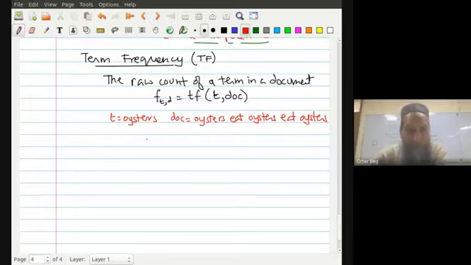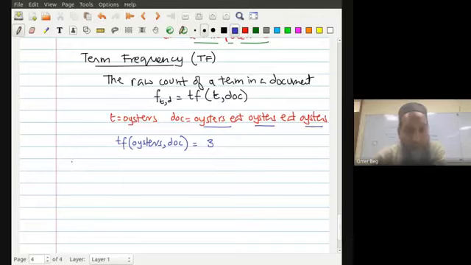So the TF of this term oysters in this document above would be equal to the count of the number of times oysters occurs in this. So this is 3. Okay.